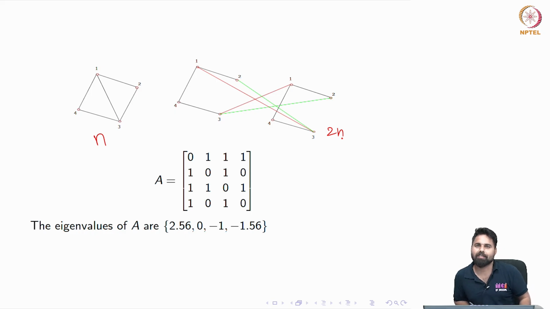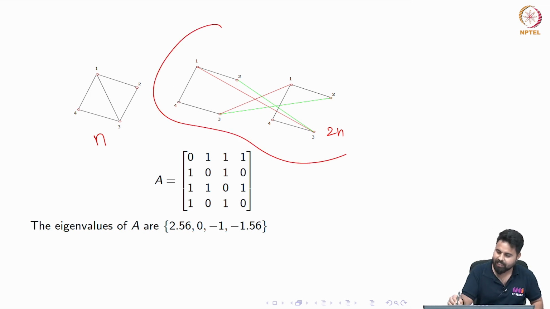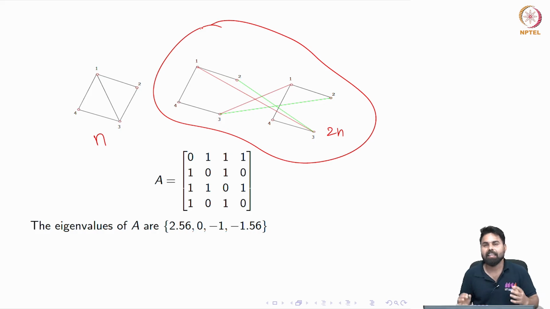The interesting thing is that out of these 2n eigenvalues, half of the eigenvalues are nothing but the old eigenvalues, the eigenvalues of the original graph.